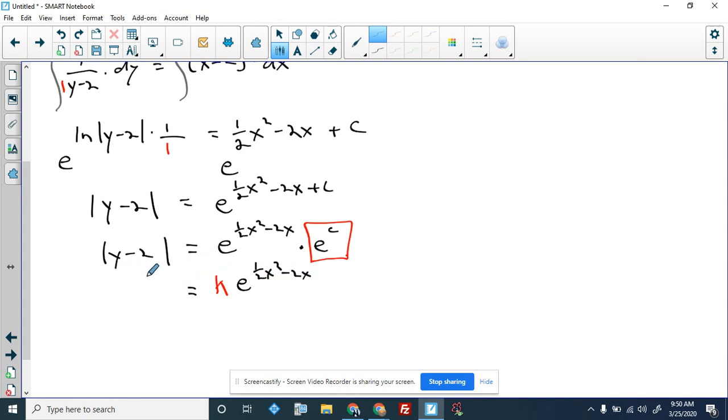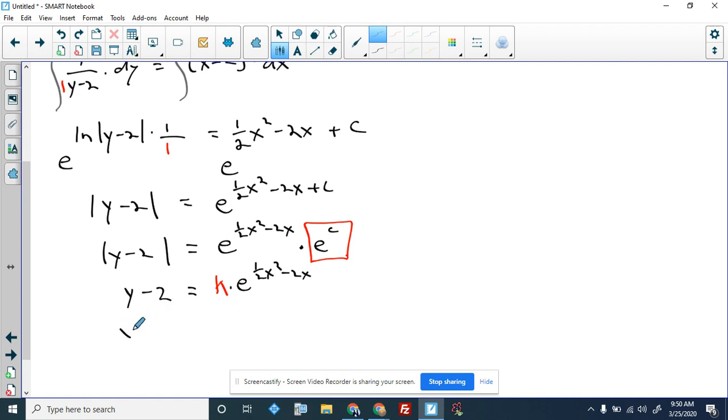And now this is kind of cool, because I've rewritten this as a constant times a function, I can lose the absolute value bars here, because the point that I pick will determine whether k is positive or negative, right? Since I can control k being positive or negative, I don't need the bars. That's a little weird thing to do, but we can do it.